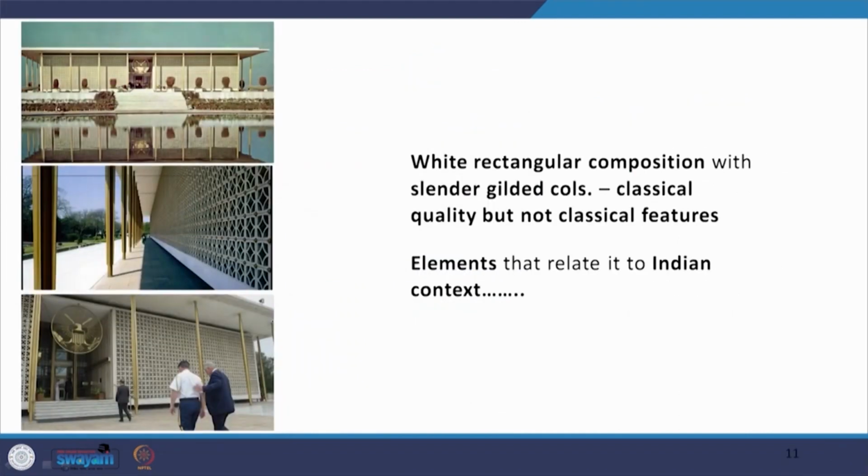So, this embassy was a white rectangular composition akin to the modernist white rectangular geometry, but it had these slender gilded columns. They were golden gilded columns, and they had this classical quality, but not the classical feature.